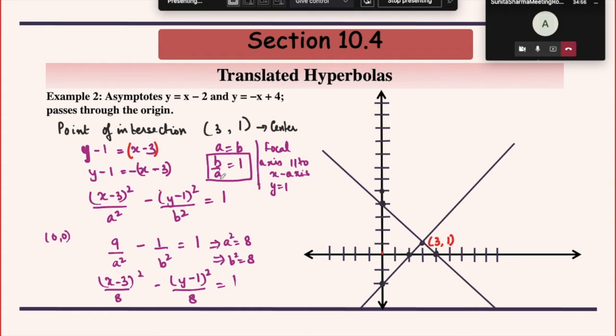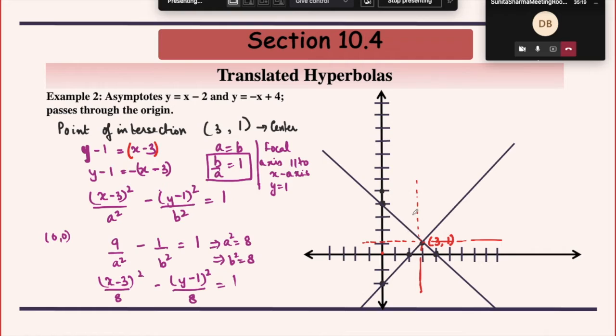Why is the focal axis parallel to the x-axis? I didn't understand this part. Okay, see, the focal axis has to pass through the center, that is for sure. Now either it will be horizontal like this or it will be vertical.